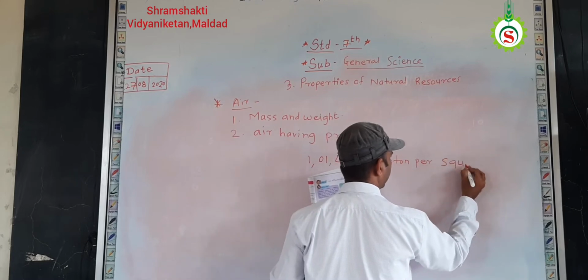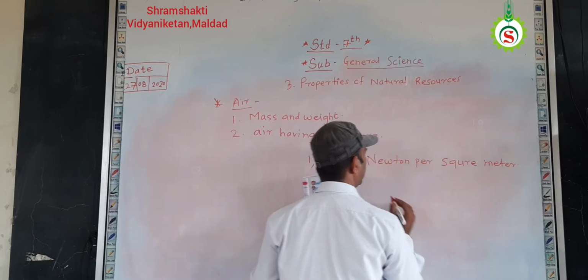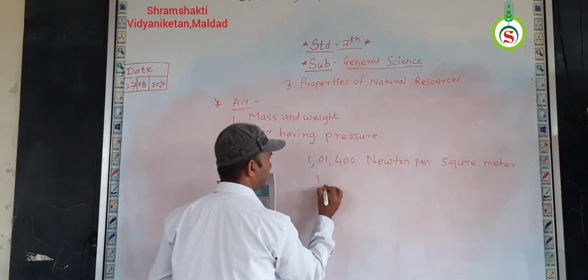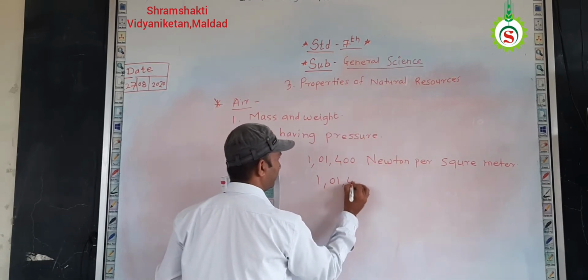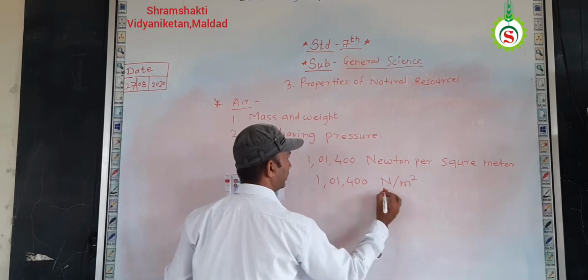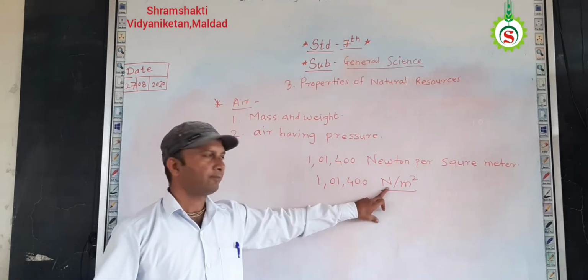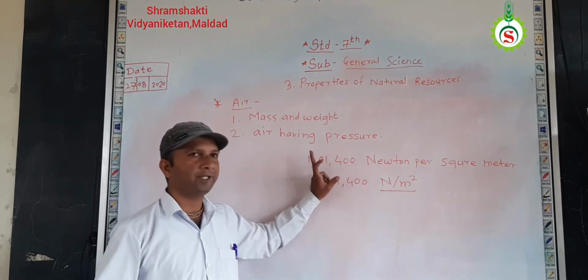In short, it is written as 1,01,400 Newton per meter square. Newton per meter square is the unit of measurement of atmospheric pressure.